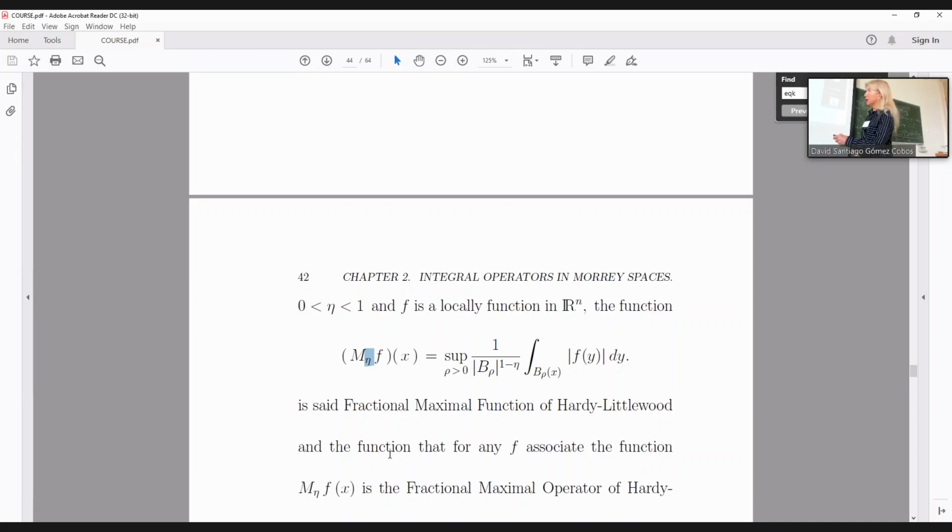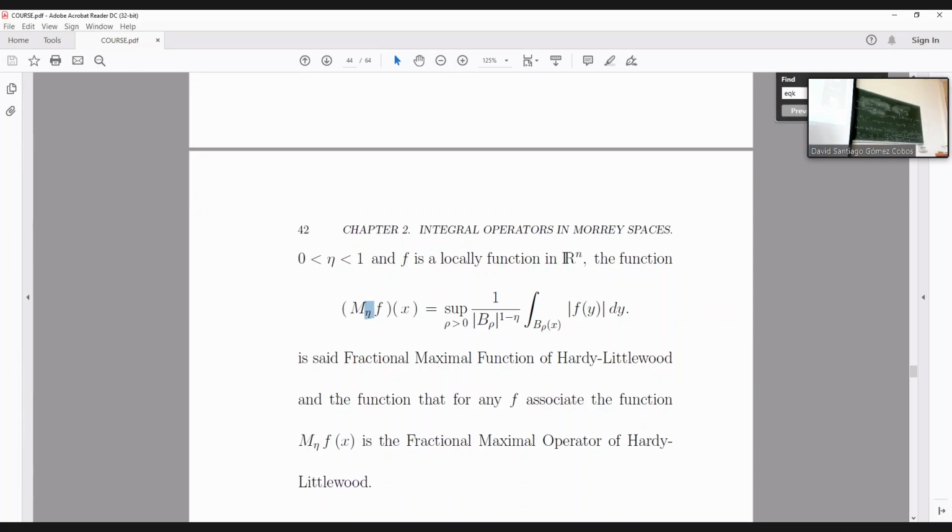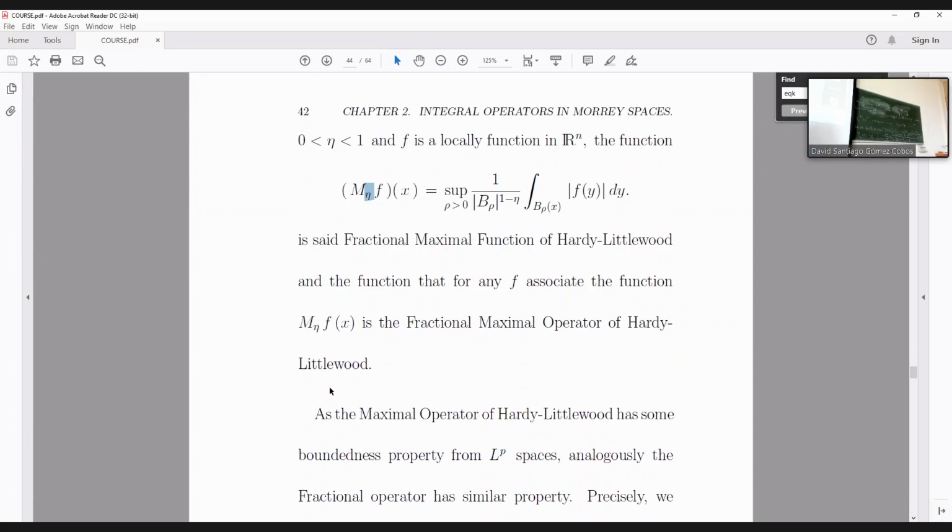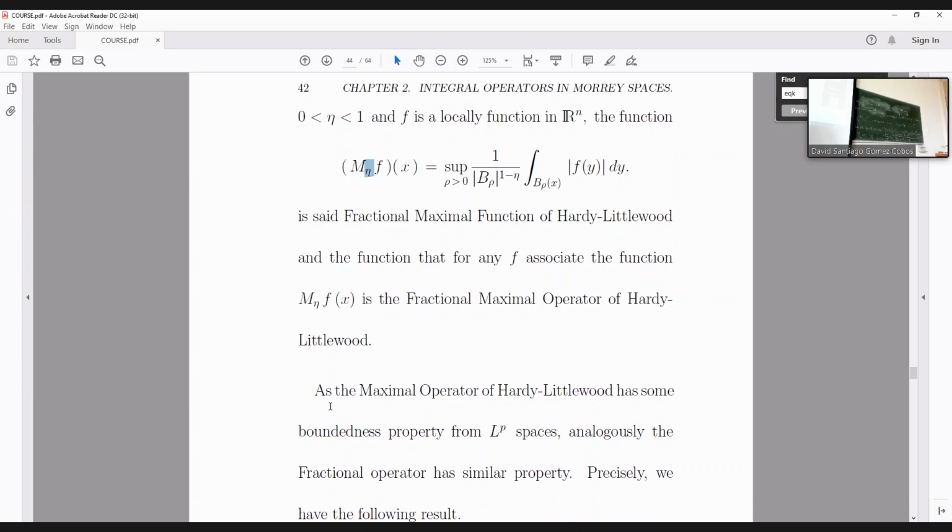Look here at the minus eta for every eta between 0 and 1. So the operator associated to this is named the fractional maximal operator of Hardy-Littlewood. M alone is the maximal function, and the fractional one is with every eta between 0 and 1.